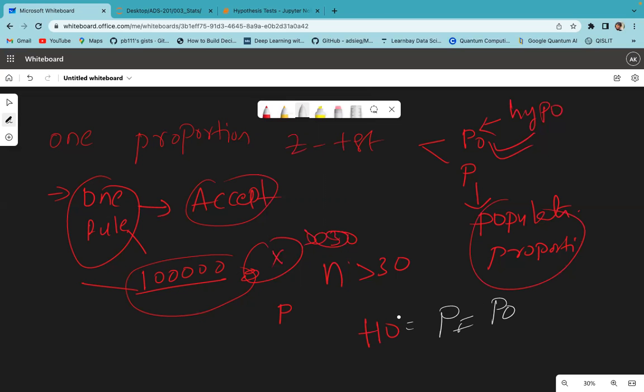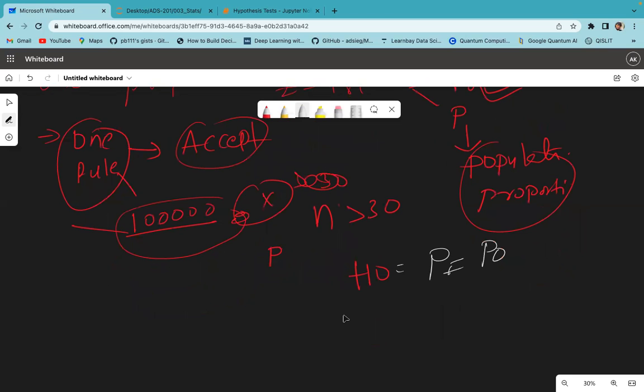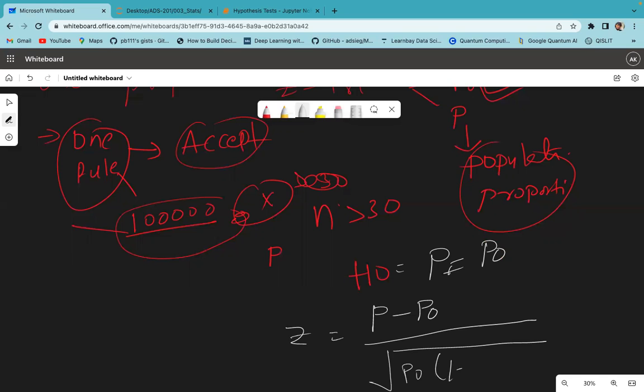For this we have the Z formula. The z score always changes based upon the problem statement you are using. The z score is your population proportion minus the hypothesized population proportion, divided by the square root of the hypothesized population proportion times 1 minus the hypothesized population proportion, divided by n.